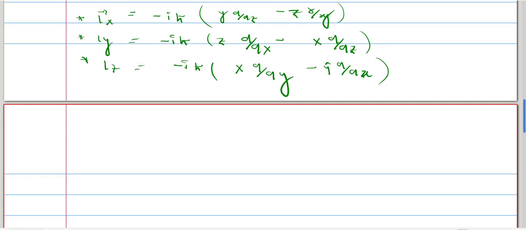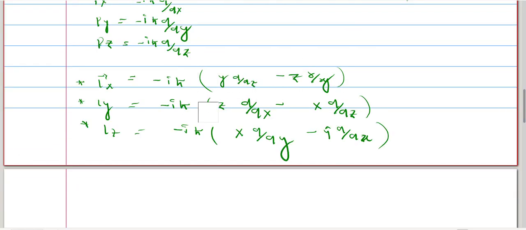Here are the differential operators that come from the rotational symmetry of space. These are differential operators.